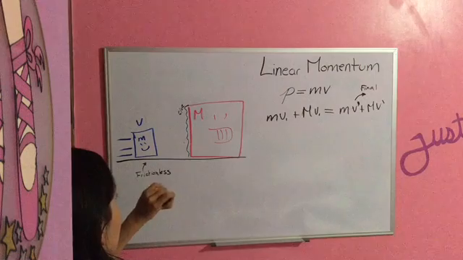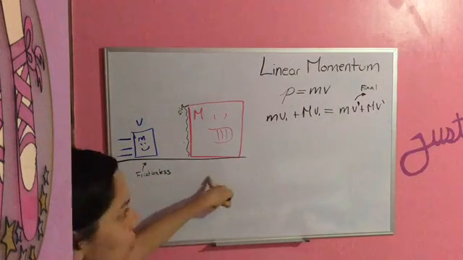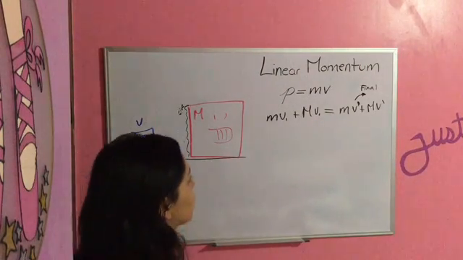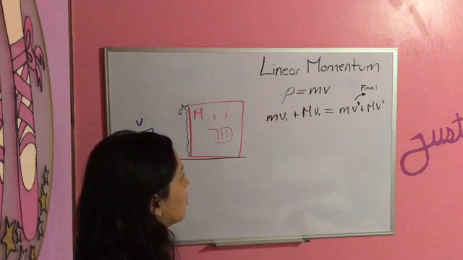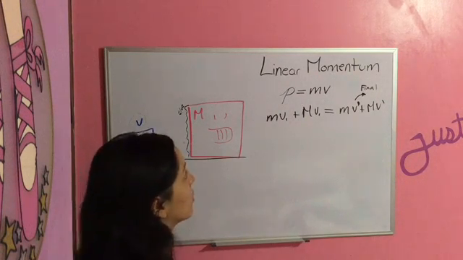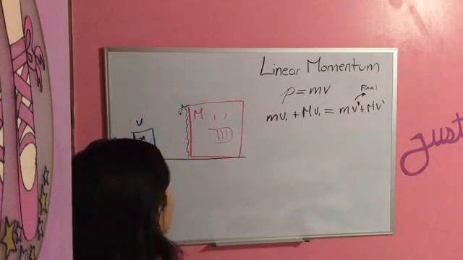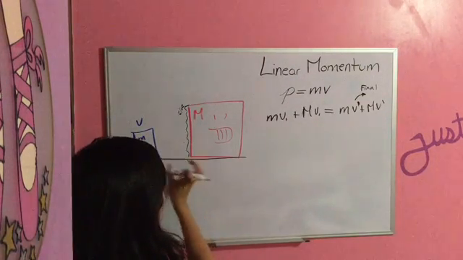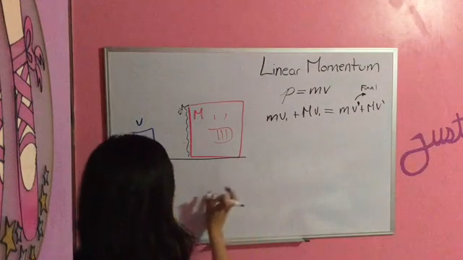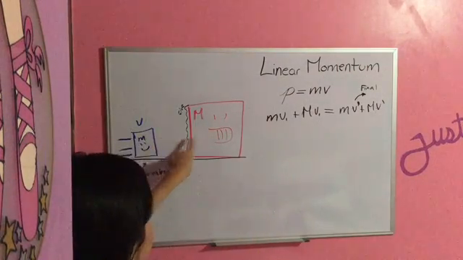Since it's a frictionless surface, we know that the velocity will stay the same. Why? Because on a frictionless surface, the blocks will never stop and will move together along.